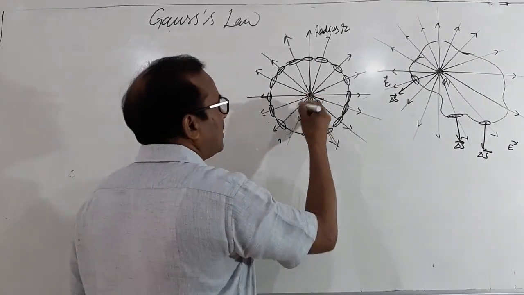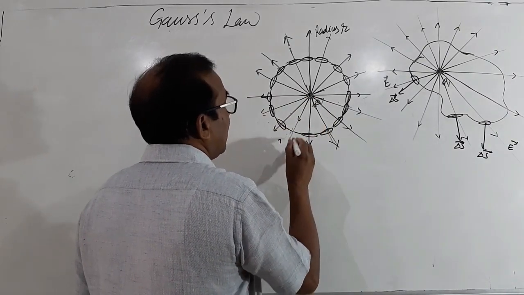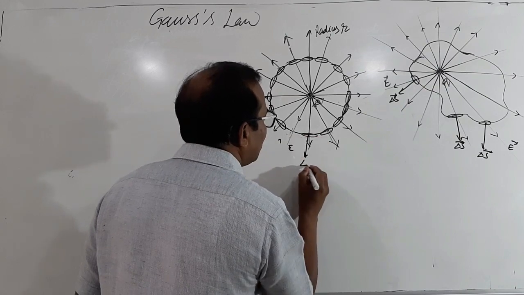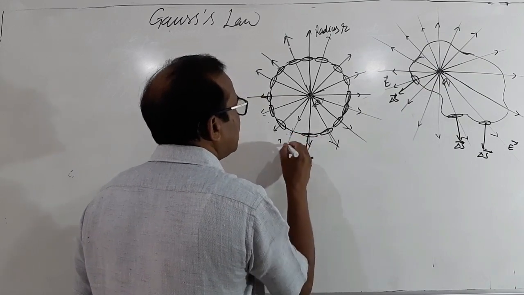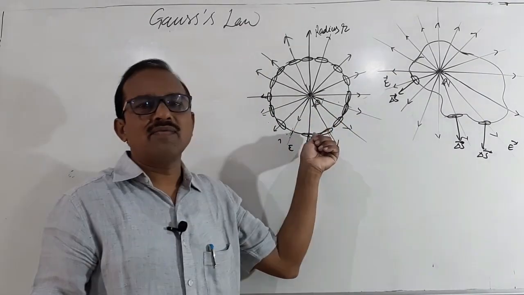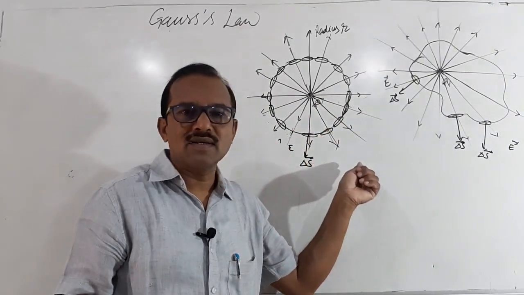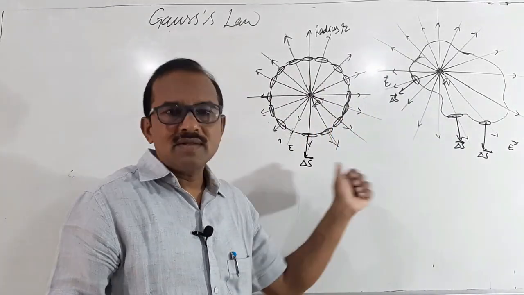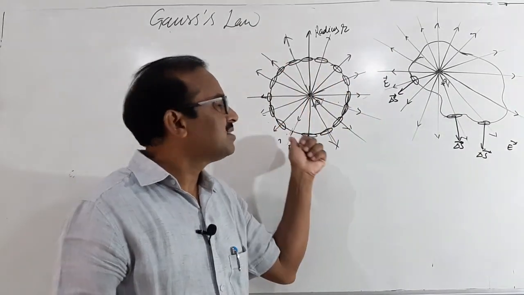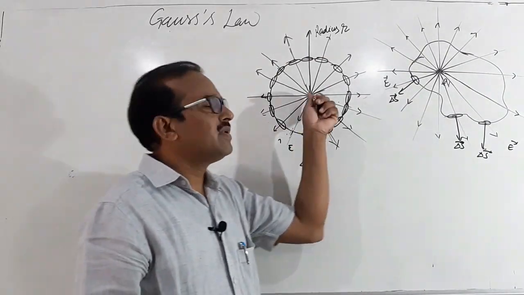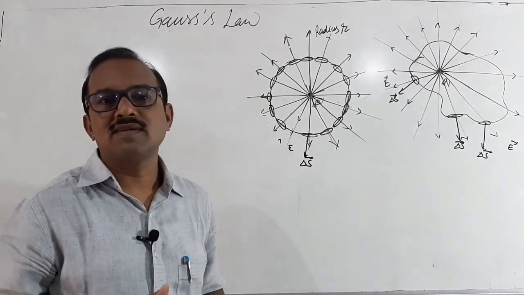The normal to the surface element will also be in the radial direction. So for each surface element, the area vector of the element is in the direction of the electric field in this situation, in the case of a spherical surface when the charge is placed at the center.